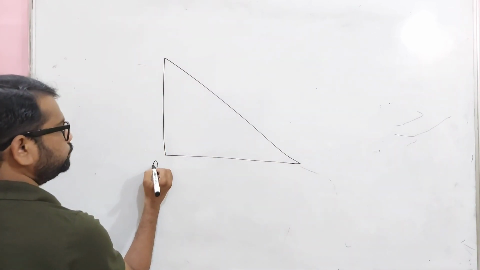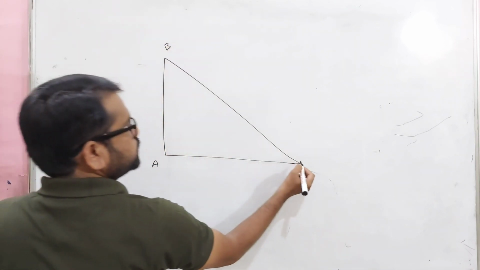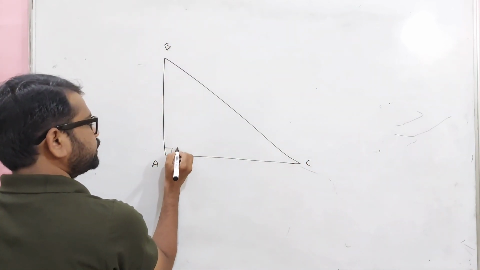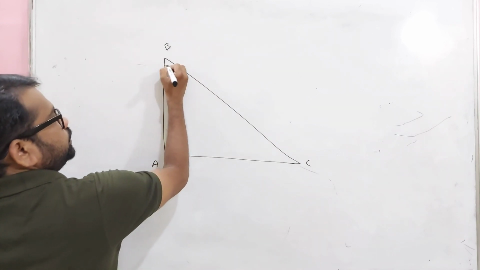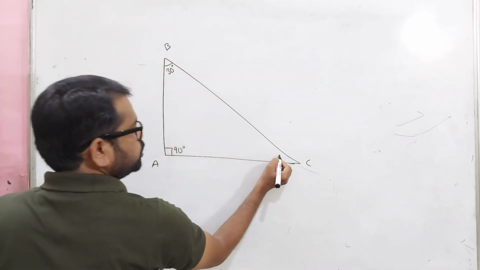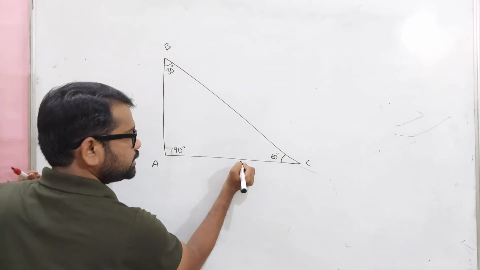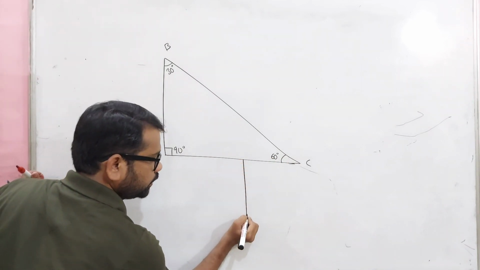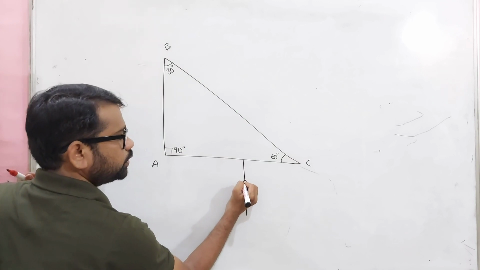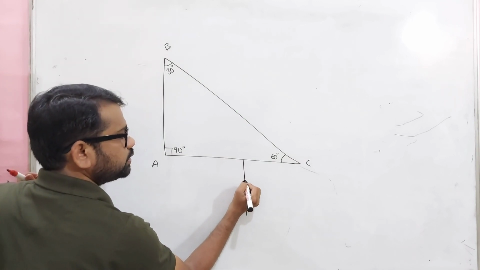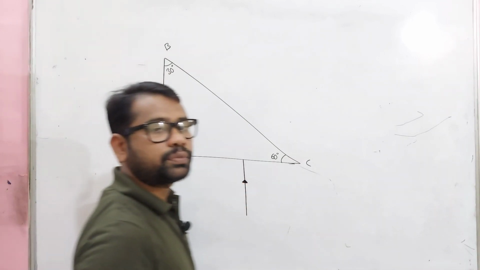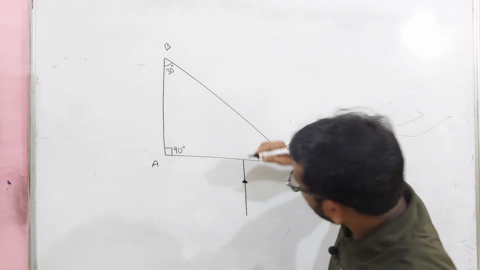So here is A, B, C. This is 90 degrees, this will be 30 degrees, and this is going to be 60 degrees. Children, let us consider that the light ray is incident normal to AC. Now obviously it will go undeviated. It is a very simple case from here to here.